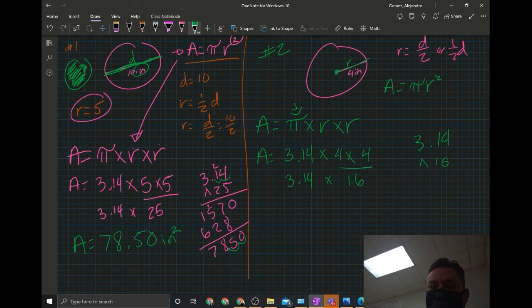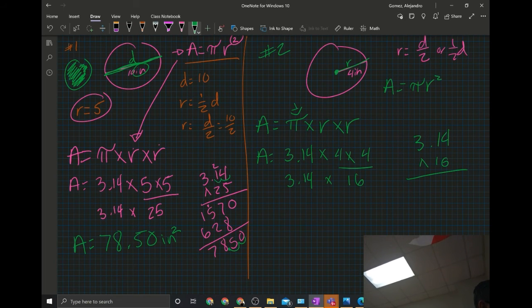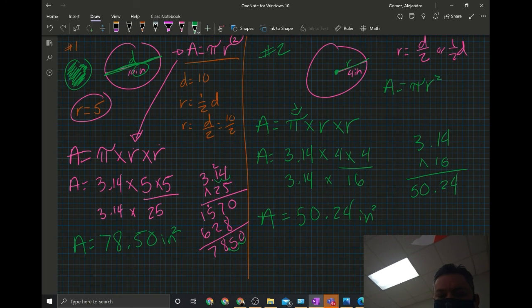When you multiply those two, you get 50.24. So the area for that circle is 50.24 inches squared.